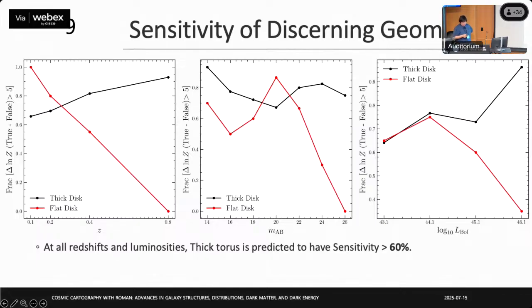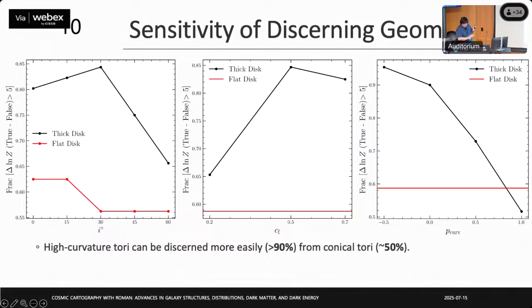First, discerning between the thick torus and the flat torus, we have a sensitivity of a thick input model as a thick torus, shown in black, above 60%, given all of the redshift, flux, and the luminosity ranges. And this is the case for any kind of inclination, covering factor, or curvature combinations.